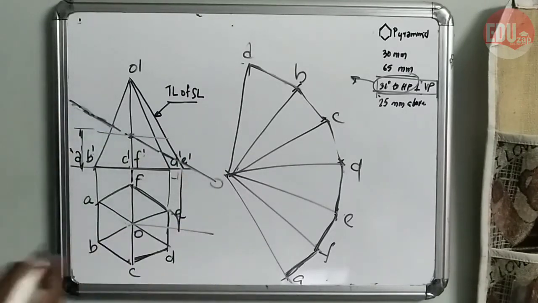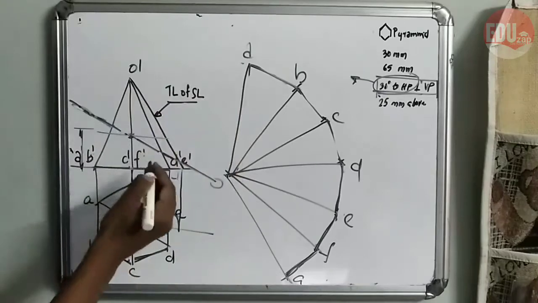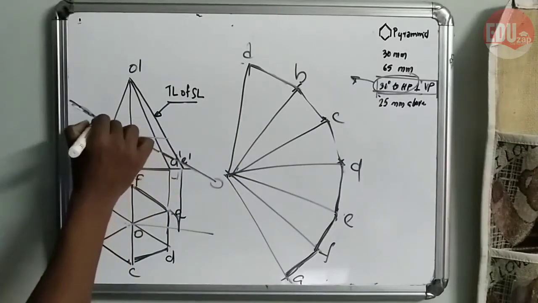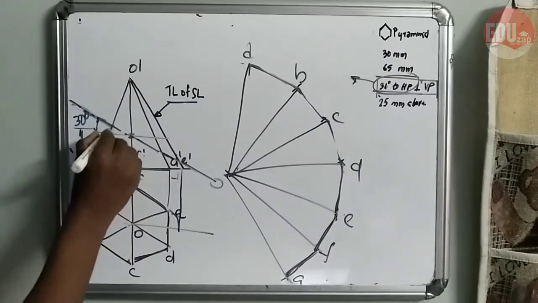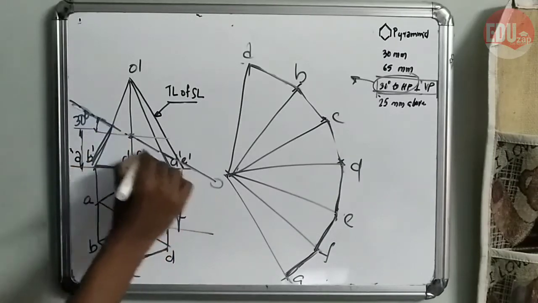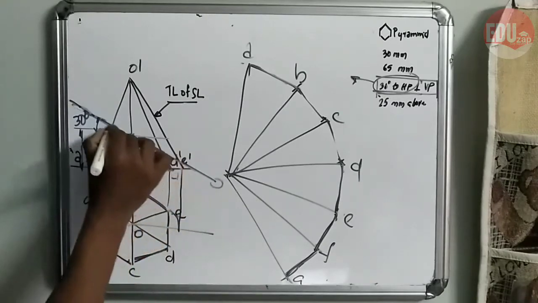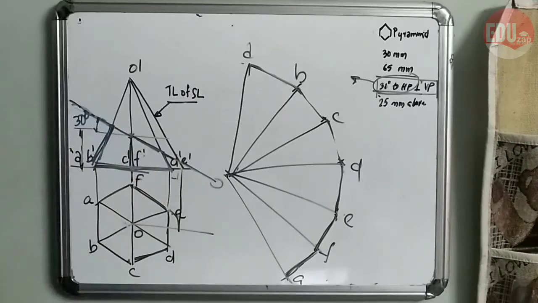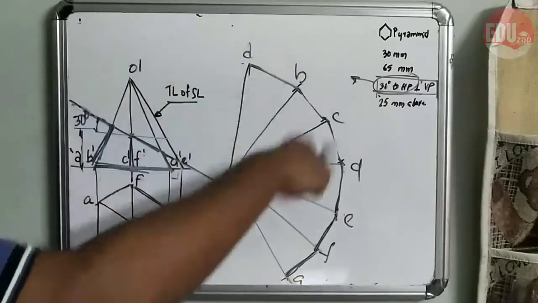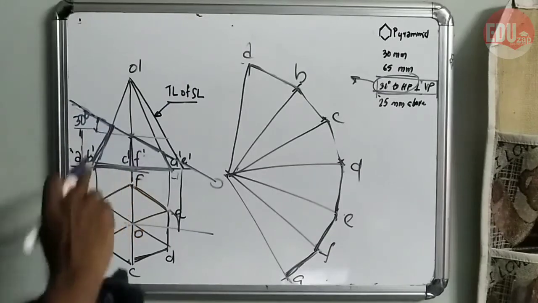So this one represents the section plane. This is 30 degrees, and you have to take only this part, the bottom part, because they are seeking the development of the lower portion of the pyramid. Here we have drawn the development of the full solid. They are only asking the development of the lower portion of the pyramid.